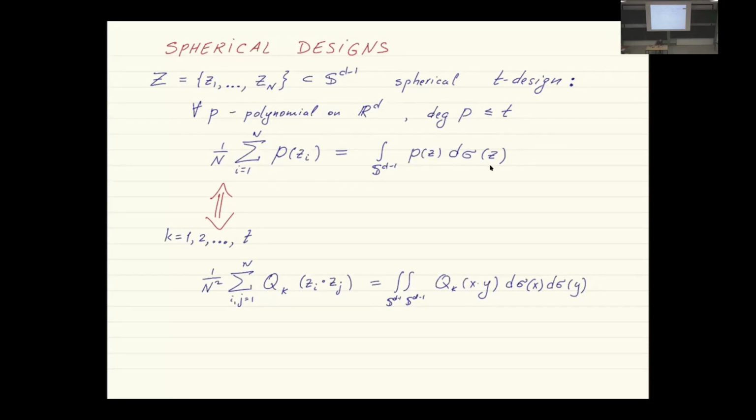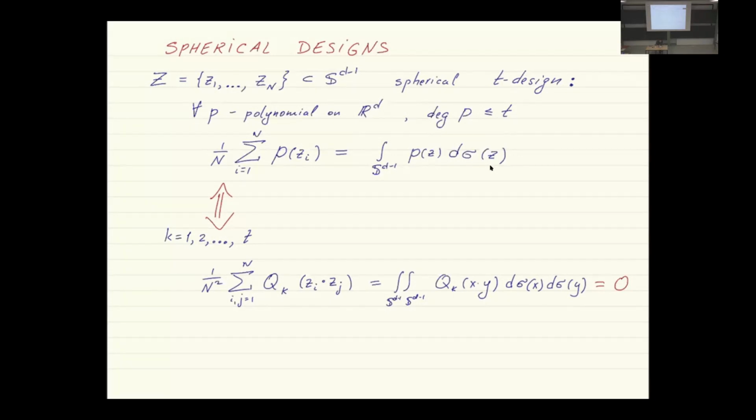This more energy-related statement is equivalent to the definition of spherical designs: the discrete energy over this set Z is equal to the continuous energy with respect to sigma, and this is actually equal to 0 for k greater than 1, because spherical harmonics of different orders are orthogonal to each other. So this is an interesting property.